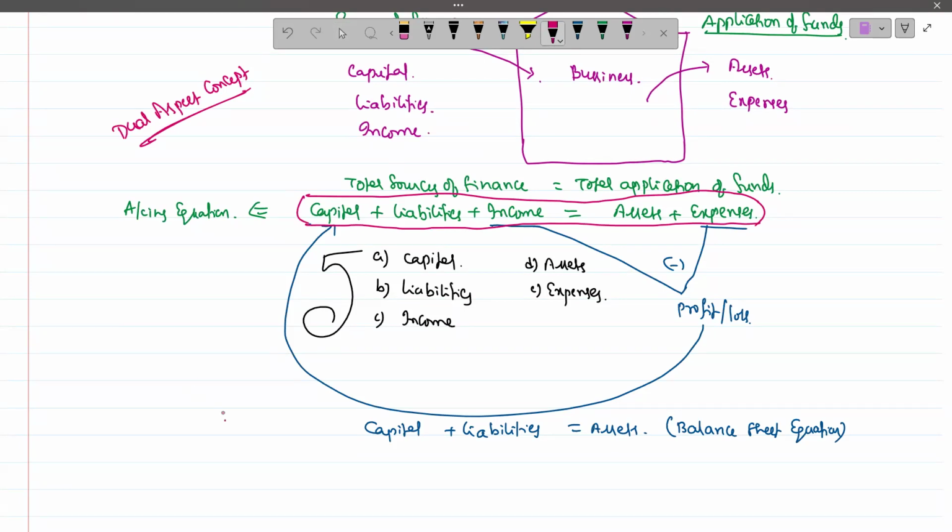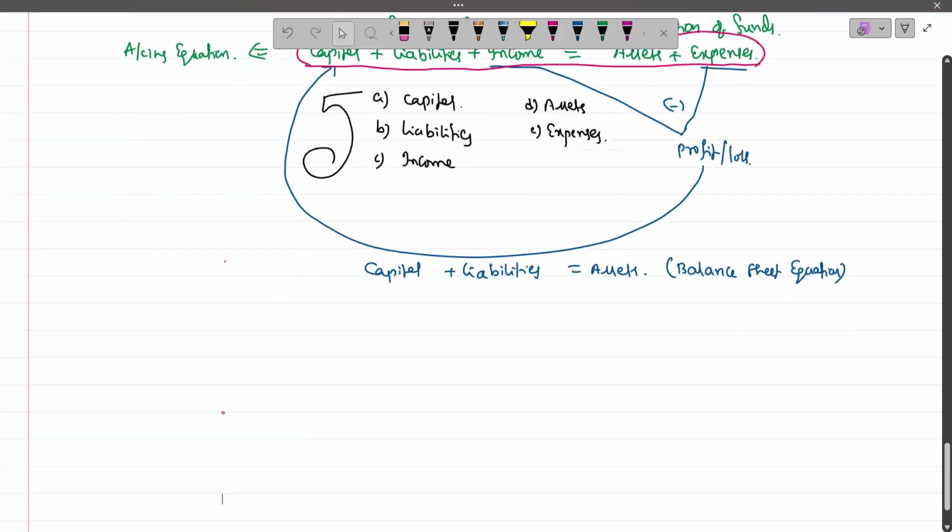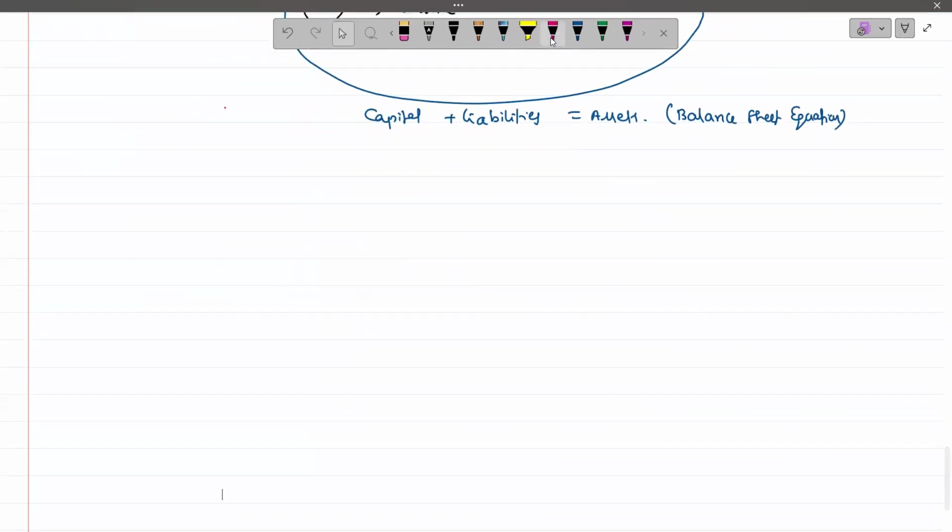Okay. So what are the rules stated by this approach? The rules are in case of capital, liabilities, income, assets and expenses.